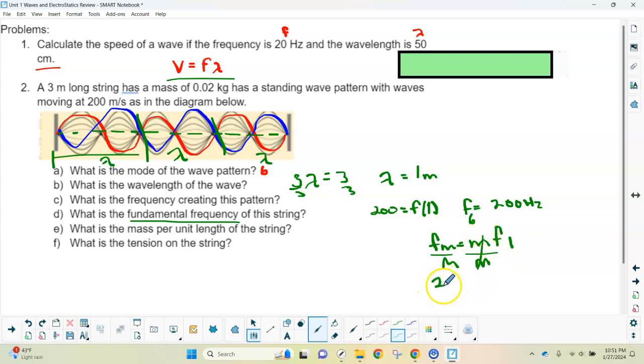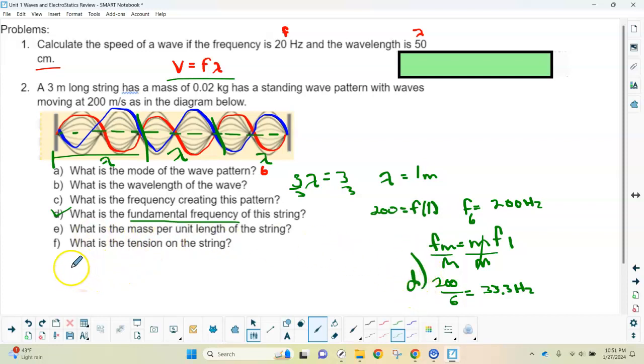So it's 200 divided by 6, which is 33.3 hertz. That is how many oscillations per second are going on at the fundamental frequency. So that was part D here.